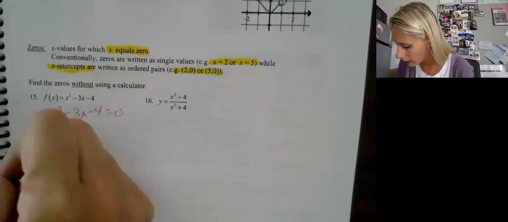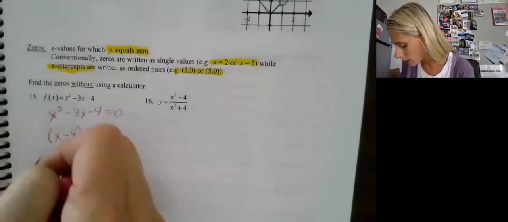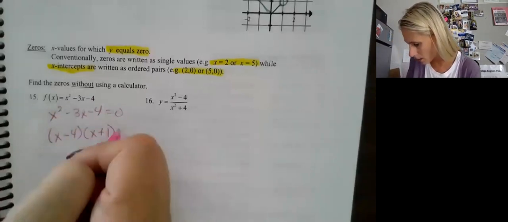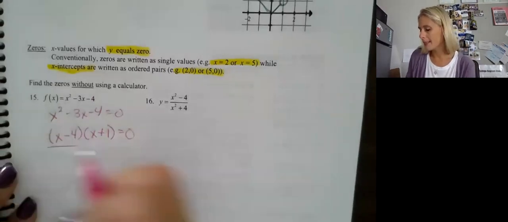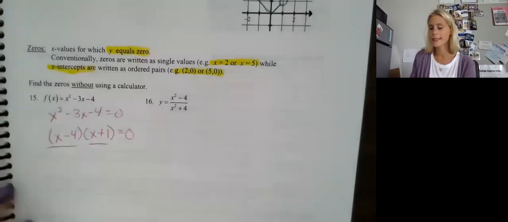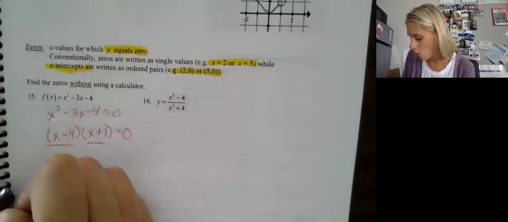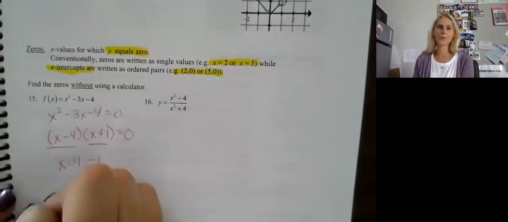So I know it's going to be x minus 4 times x plus 1. And so each of these parts, what makes that 0? What makes that 0? So that means x equals 4 and x equals -1.